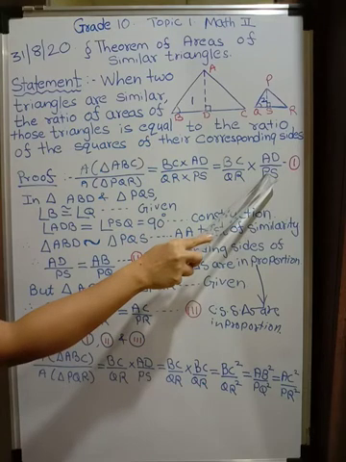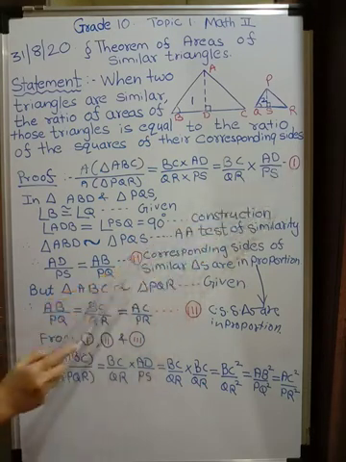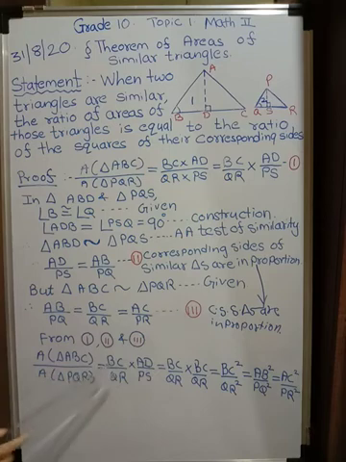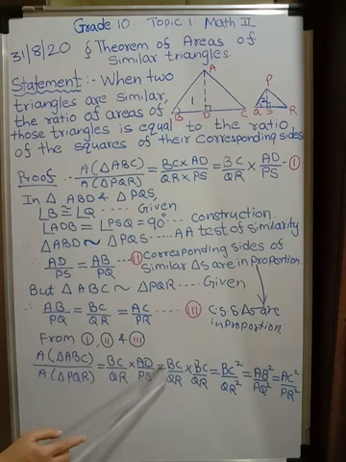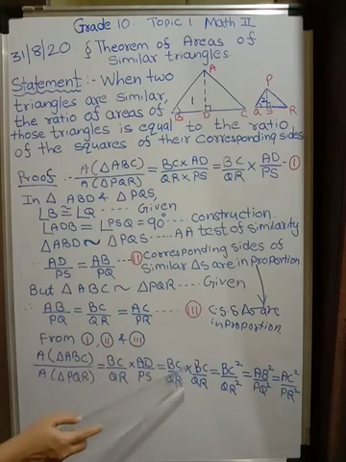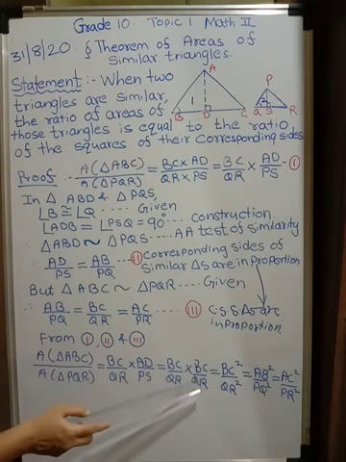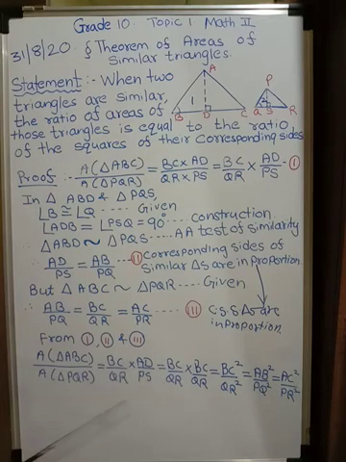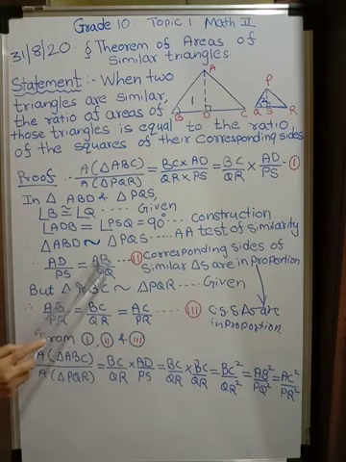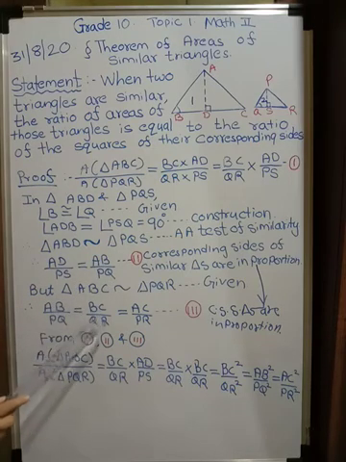Are you understanding me? And therefore from 1, 2 and 3, what do we get? BC upon QR into AD upon PS is equal to BC upon QR into again BC upon QR. I hope you understood how this BC upon QR has come. I am repeating again, AD upon PS is equal to AB upon PQ, but AB upon PQ is equal to BC upon QR.